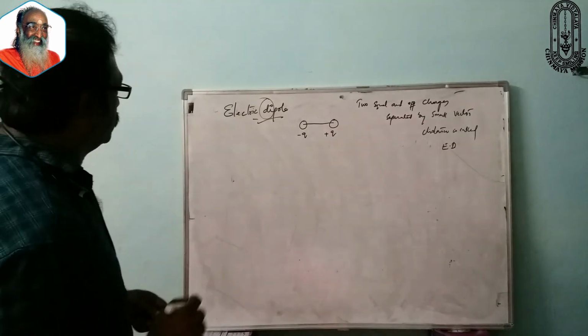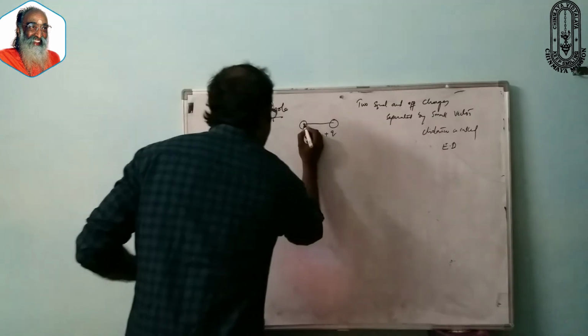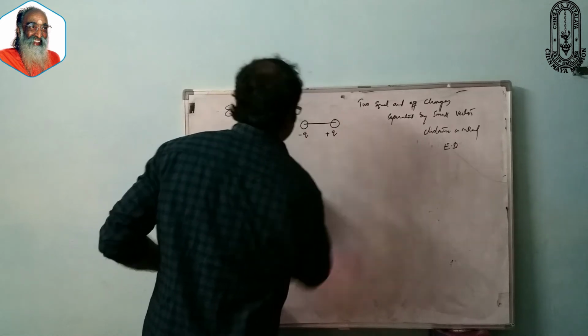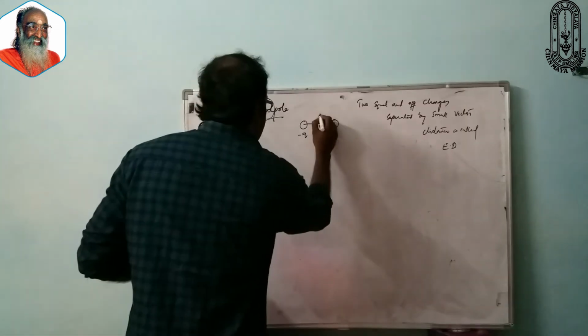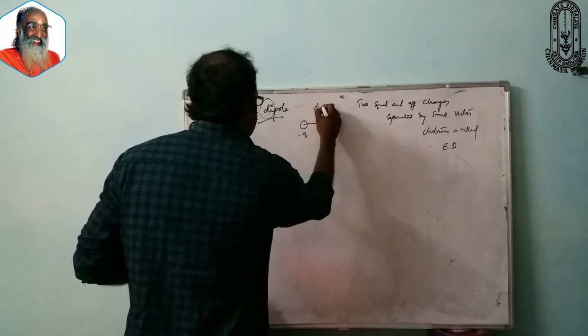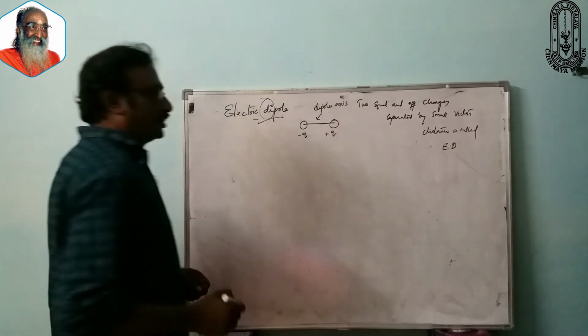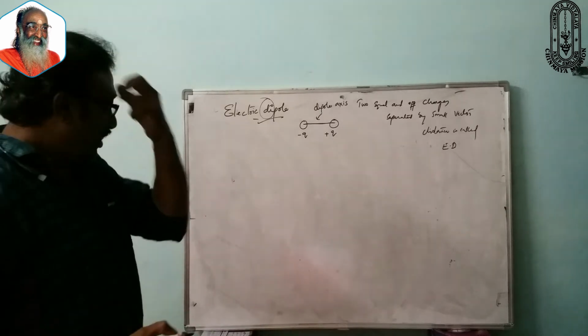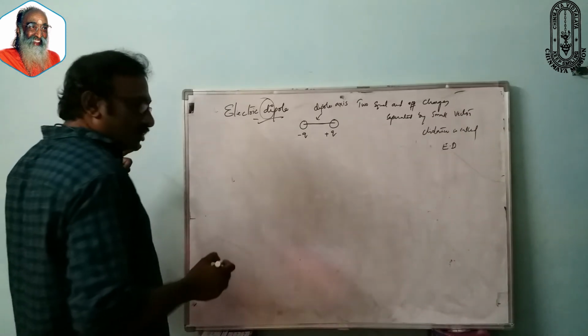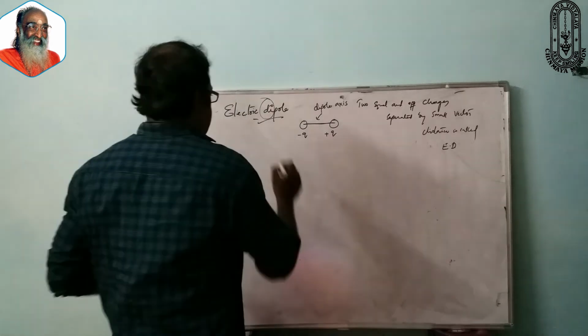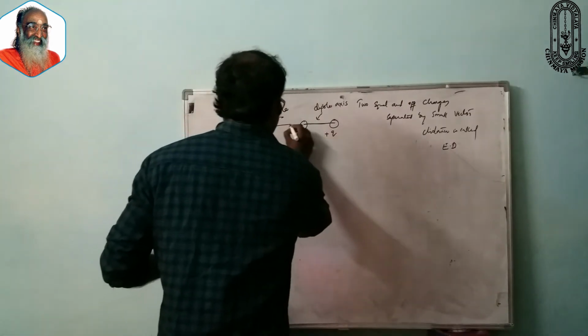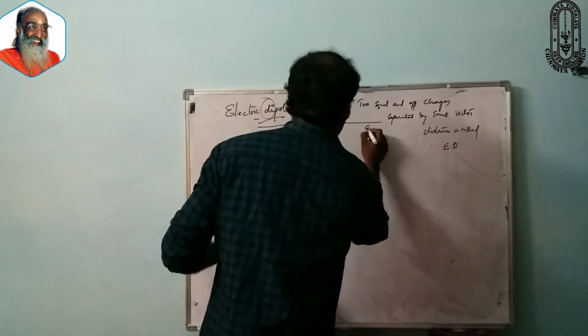Now the line joining the two charges, this line, we will be calling it the dipole axis. The line passing through this dipole axis, we will be calling it the axial line.